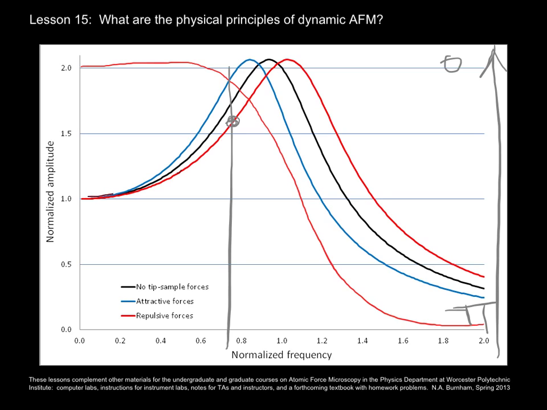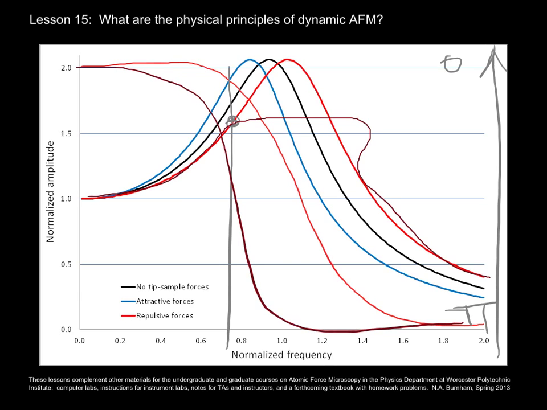Let's say that part of the sample is very stiff, and we might have an interaction that looks very strange, like this, and its phase would also be very different. Might be cut off more like that. Then as the feedback loop is keeping the set point amplitude and the drive frequency doesn't change, what's happening is that the phase goes from this value to this value.